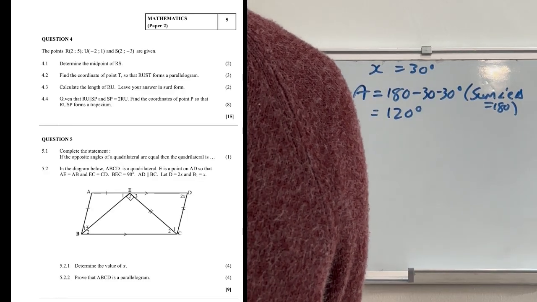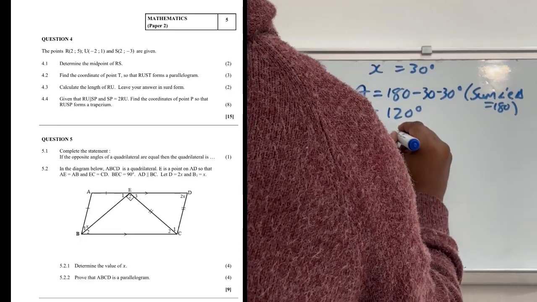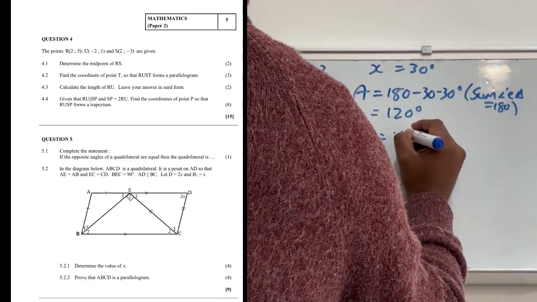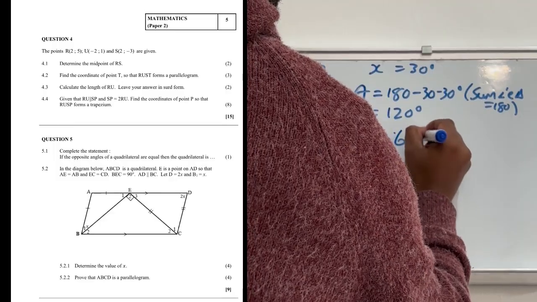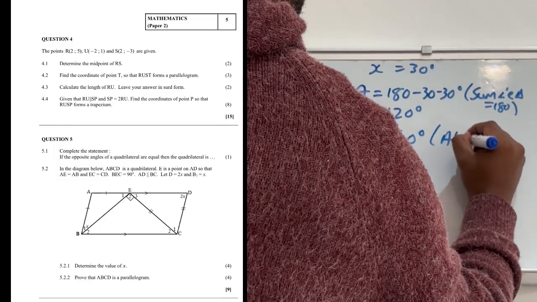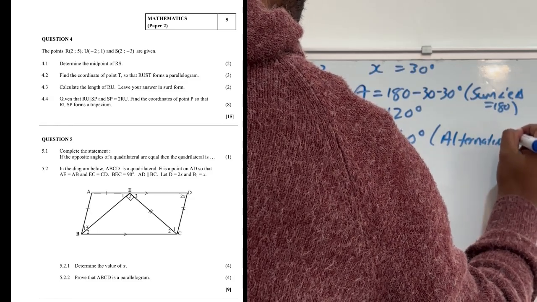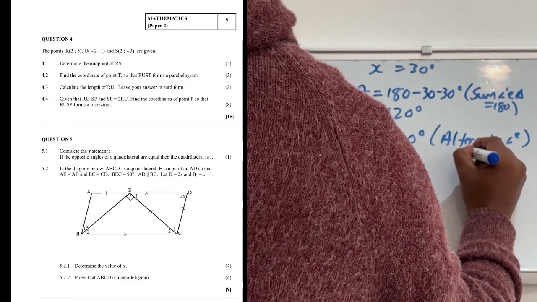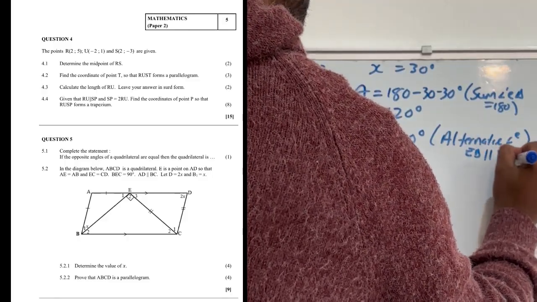Now we can determine C. C2 will just be E3, which we said is 2x, so 2 times 30 is 60. Why? Alternate angles, because ED is parallel to BC.